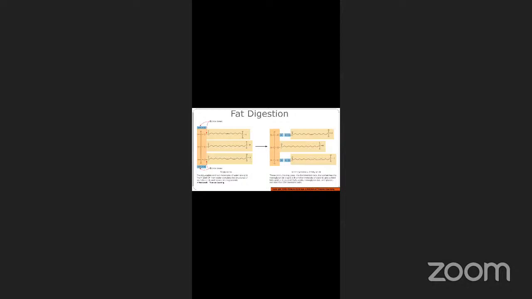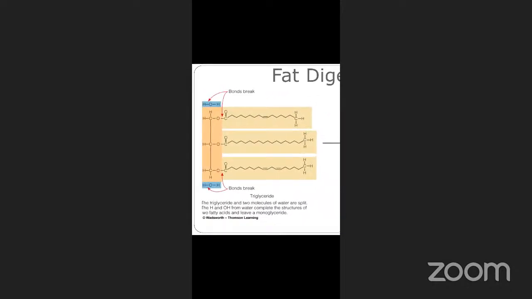Now, how does the digestion of fat take place? Here we can see, for example, triglycerides. You have a glycerol molecule in orange color, which is linked to three fatty acyl chains. When these bonds are broken down, they get digested.